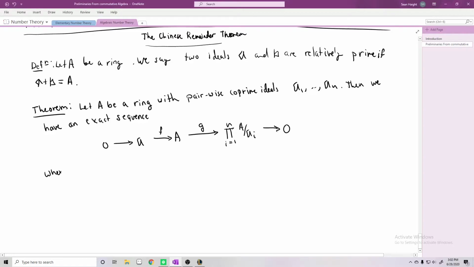Okay, so let's tell you what these objects are. A is the intersection of all of these ideals, which, as it turns out, the coprimality assumption means that this intersection is also equal to the product of all these ideals.